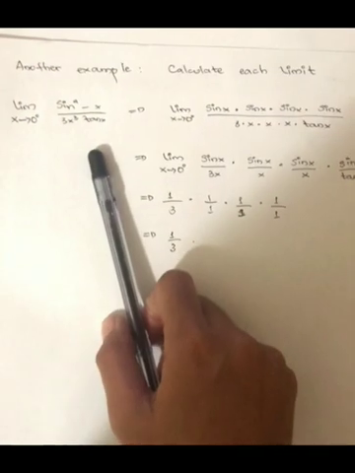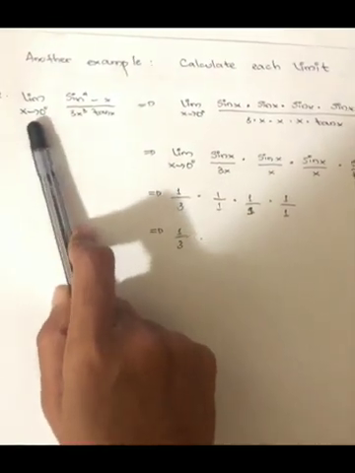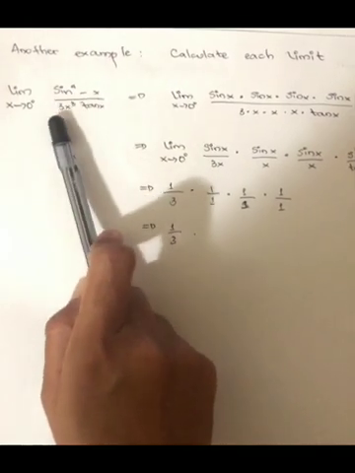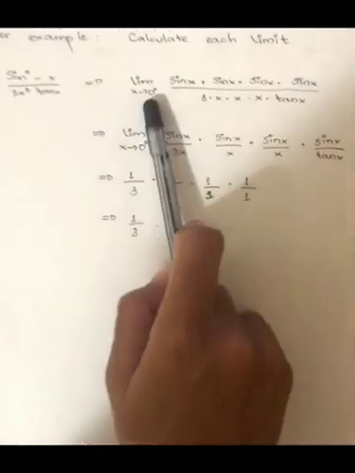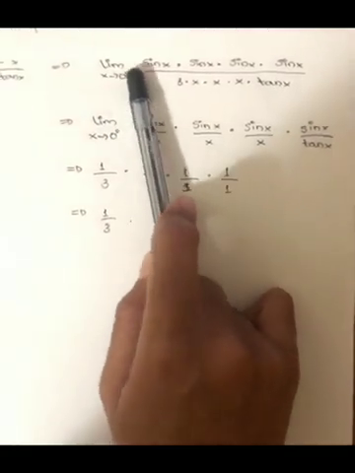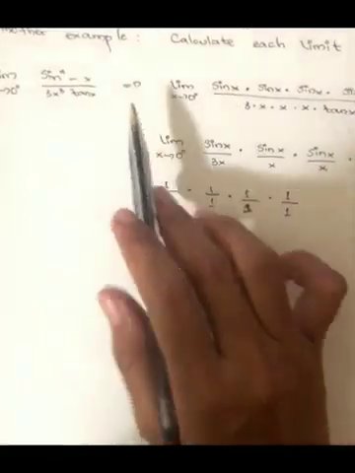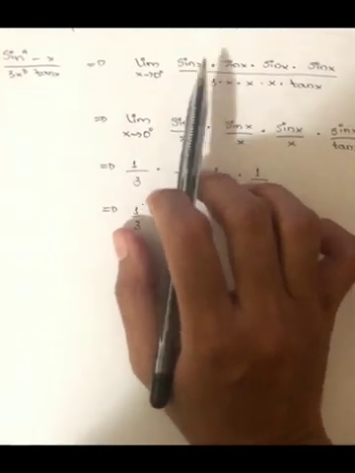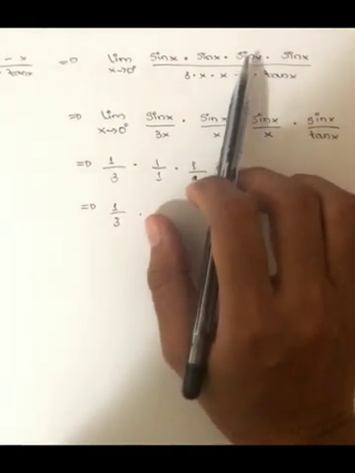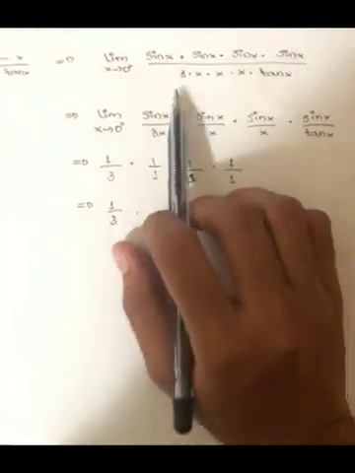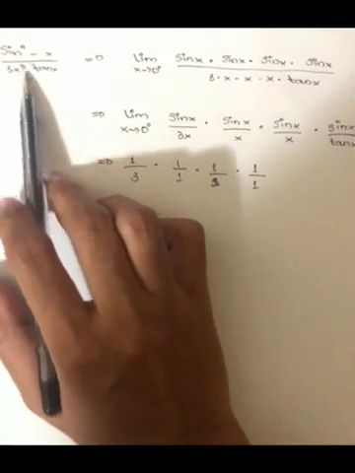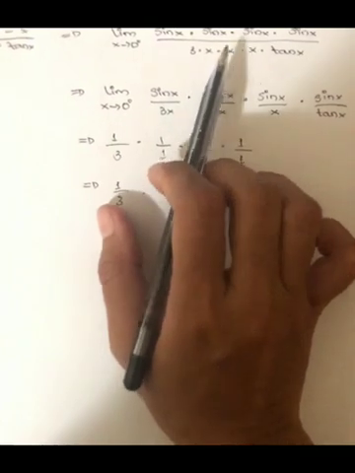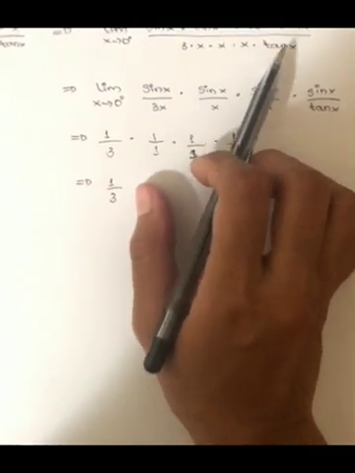Here's another example. Calculate the limit as x approaches 0 of sin to the power 4 of x over 3x to the power 3 times tan x. The limit is 0 over 0 form. Sin to the power 4 means sin x times sin x times sin x times sin x, over 3 cubed times x times x times x times tan x.